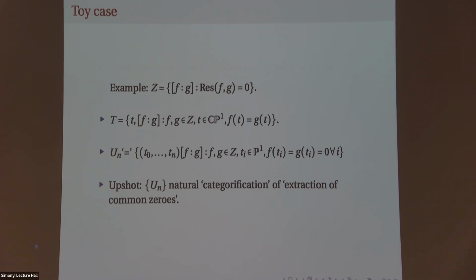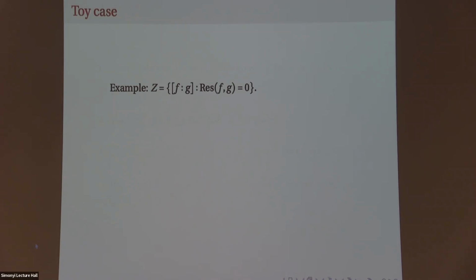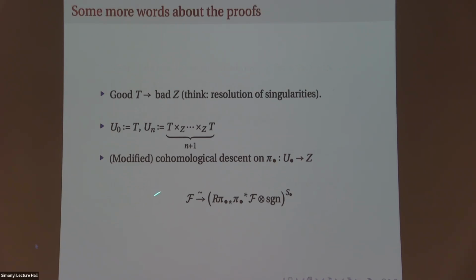So, in fact, in the case of the maps from P1 to P1, if we go back to this isomorphism here, it's actually honest to God isomorphism of sheaves, since the maps are finite. One doesn't even necessarily need the language of cohomological descent.